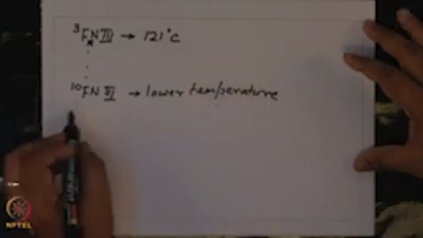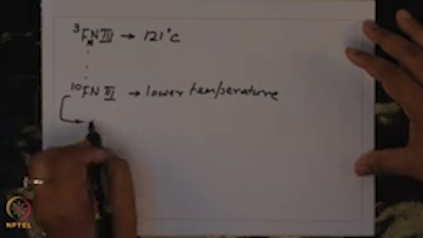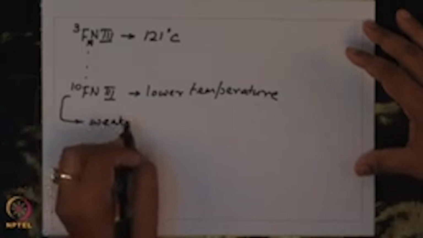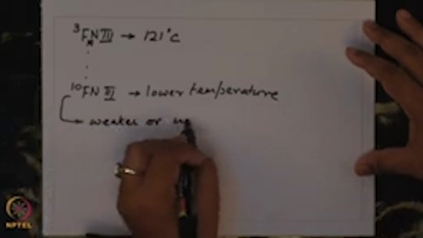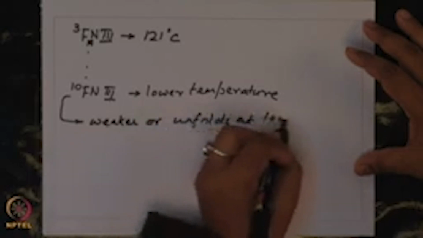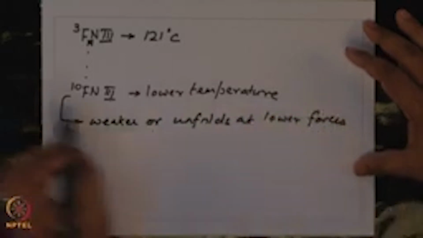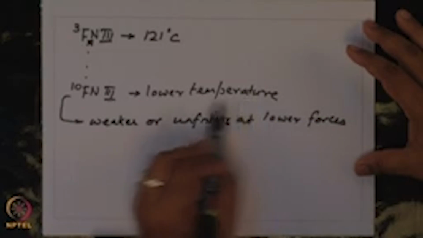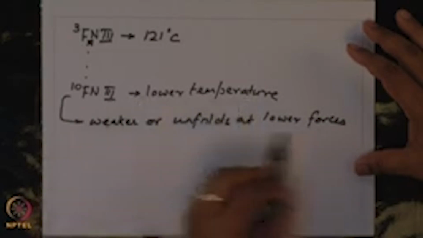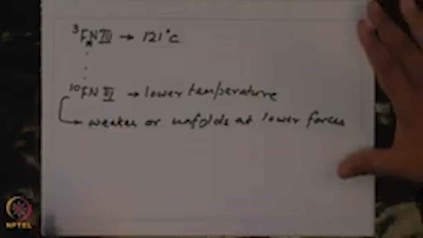These would suggest that FN10 is weaker, or unfolds at lower forces. Because it gets denatured at the lower temperature, you can expect it to unfold in vivo at lower forces.